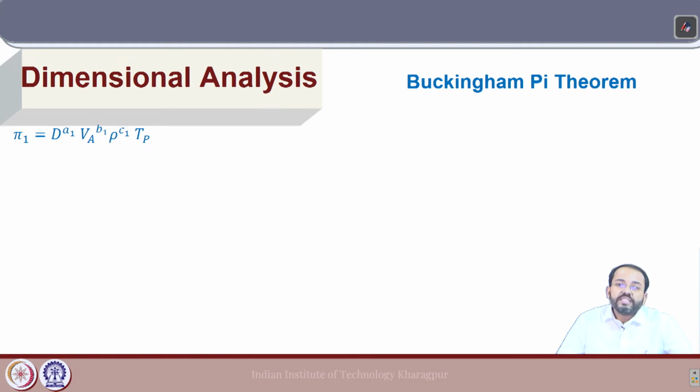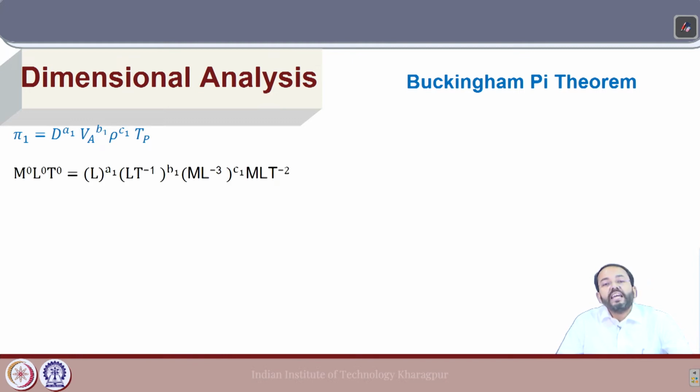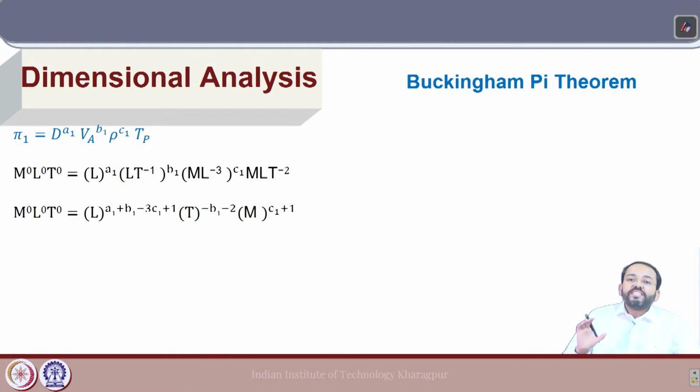Now, each of the pi terms will be solved for, and then we will try to combine them together to get the thrust and torque coefficients. Now, let us look into the first pi term. Each of these pi terms is non-dimensional by definition. So, we will do a simple dimensional analysis of the main terms so that we have the mass, length and time for the pi term which are 0 because it is non-dimensional, and take all these terms d, Va, rho and Tp raised to their respective powers.